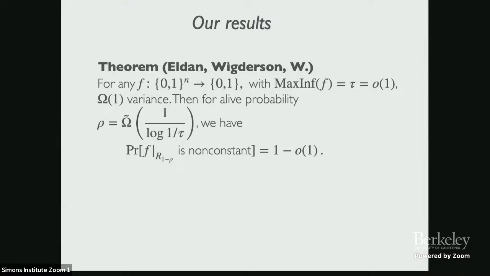We show that the restricted function will remain nonconstant with high probability if the original function is balanced. Recall that for the majority function and the tribes function, the max influence is polynomially small. So for those functions, you can restrict all but a 1 over log n fraction of the inputs.